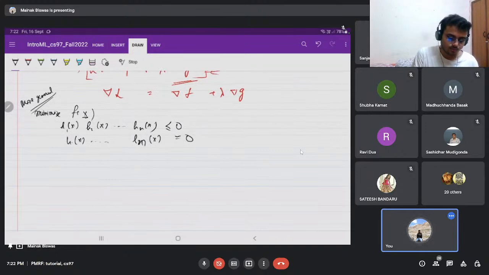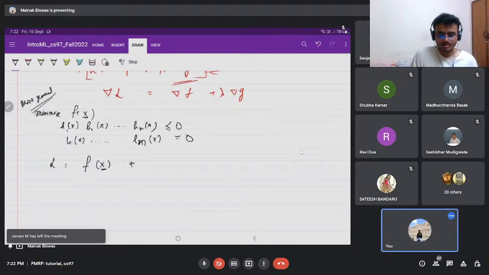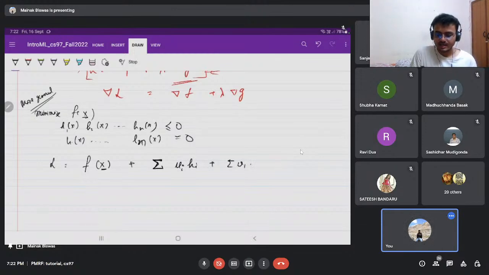So what can you do? You can write the Lagrangian as, can anyone tell me what will be the Lagrangian? For every constraint you will be adding one term, right? So it will be the sum of lambda i h i plus v i l i.